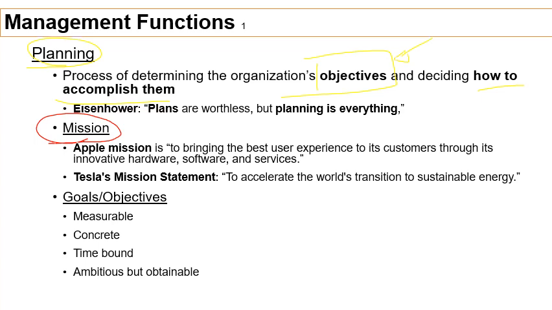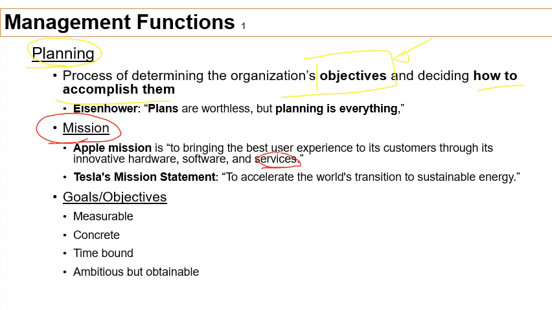It says that their mission is to bring the best user experience to its customers through its innovative hardware, software, and services. Notice that he doesn't only talk about things, but he also talks about services, which have become a key pillar for Apple. And I think it's going to be even more so as their new product development is going to slow down.